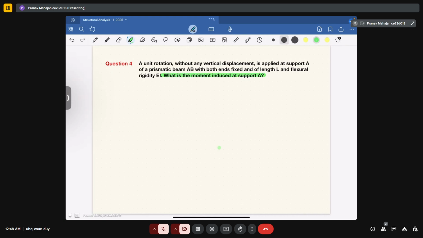So let's start this question with the fixed beam. Okay. So this is your original condition when both ends of the beam are fixed.